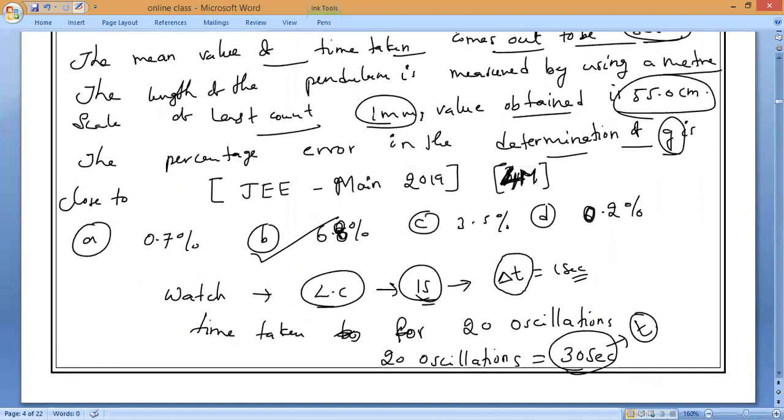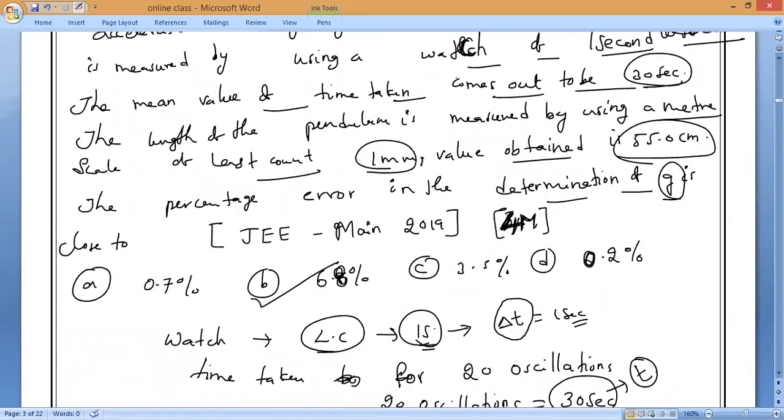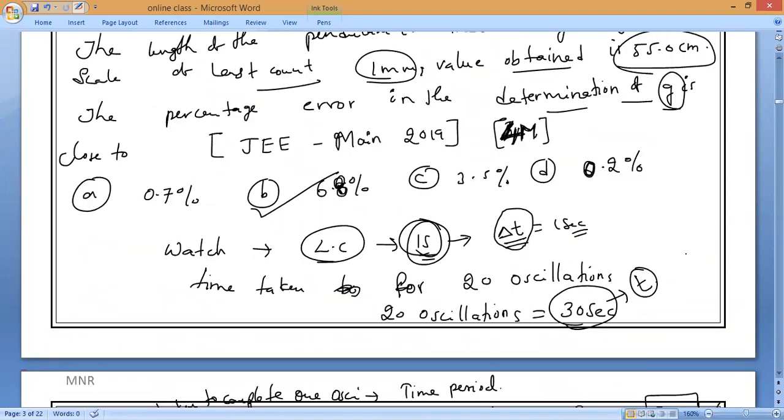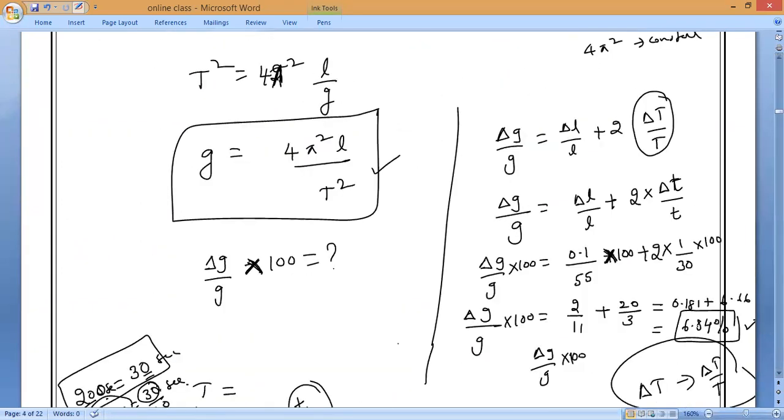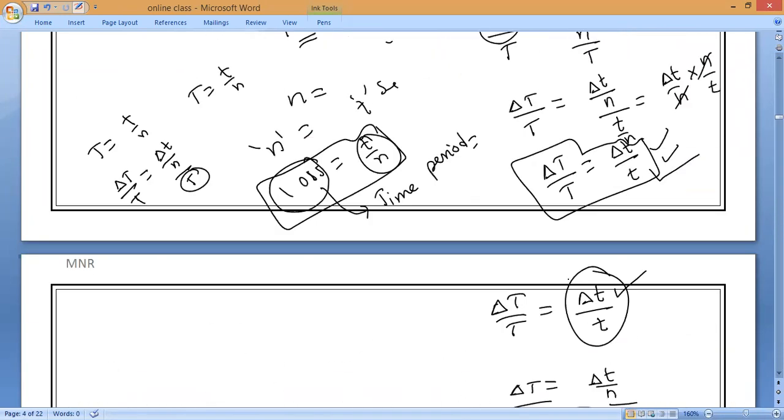What is the least count? The watch least count is 1 second, that is delta small t. And the total time small t is 30 seconds. If you substitute it, you will get the answer around 6.84. So option 6.8 is the answer. Okay, Rudreswar?